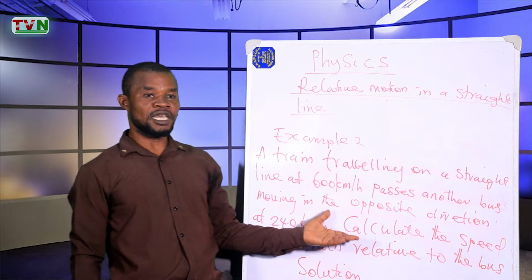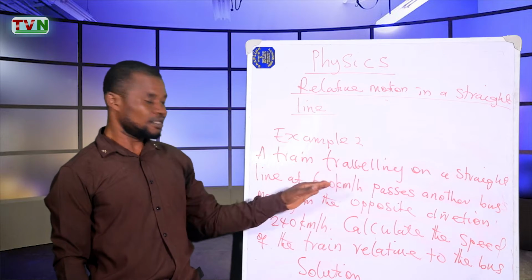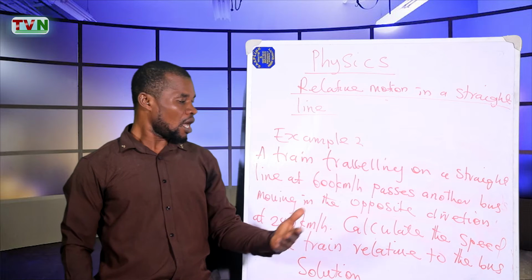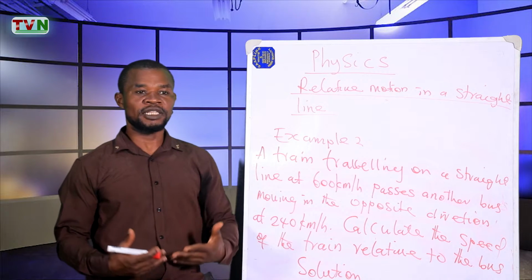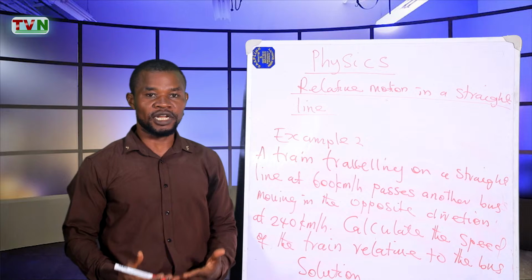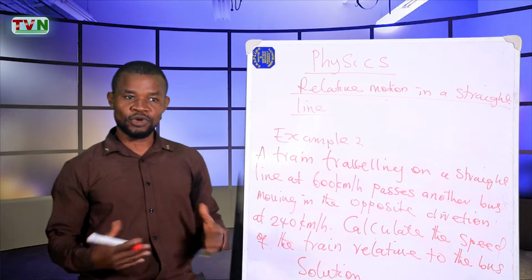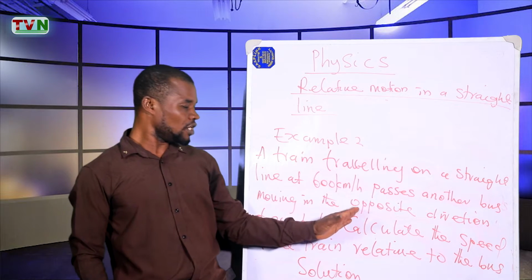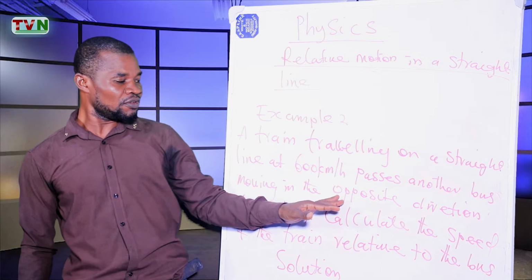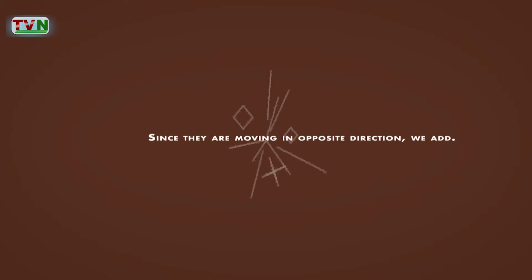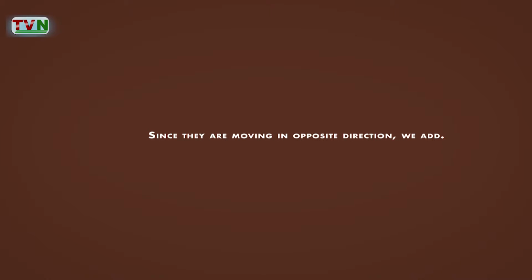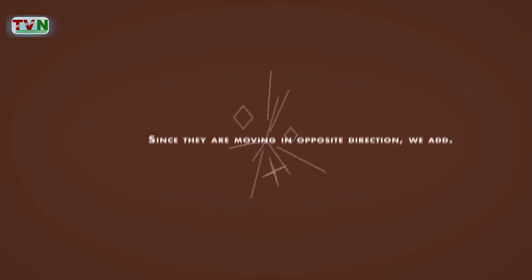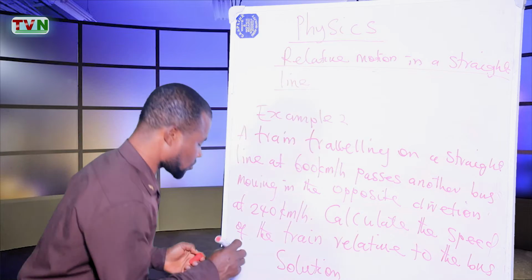What is important here are, first, their speeds, and second, how they are moving. Are they moving in the same direction or in opposite direction? Here, they are moving in opposite direction. Because they are moving in opposite direction, add their velocities together in order to get the relative velocity of the train to the bus.